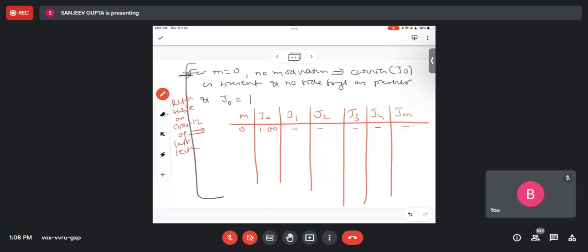J0 is the carrier amplitude. This is the first side frequency amplitude, this is the carrier amplitude, and this is the second side frequency, lower or upper, and so on. These are also called the Bessel coefficients, the Bessel function of order n of the first kind.